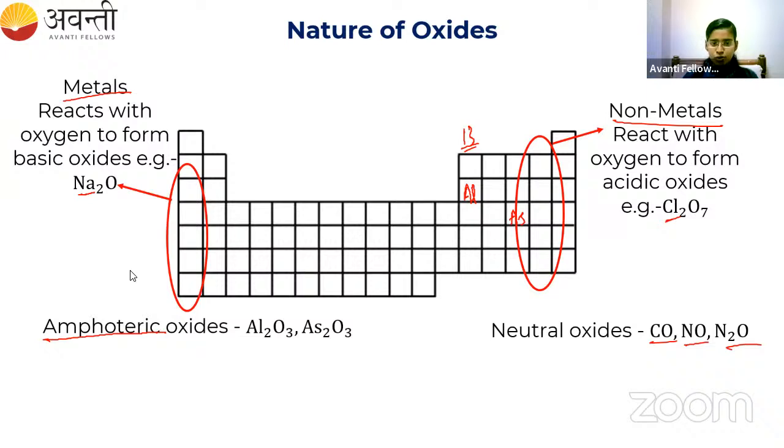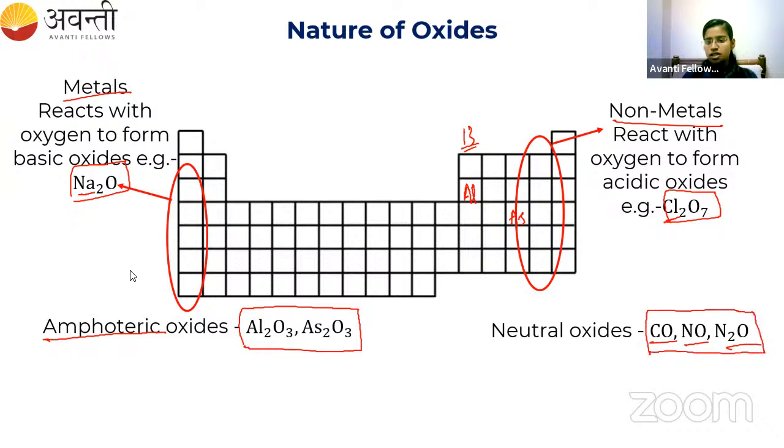So what you have to do, they will ask questions in the match the following type from this. Okay. So you should know which is a basic oxide, which is an acidic oxide, which two oxides are amphoteric, and which of the three are neutral oxides. Okay.